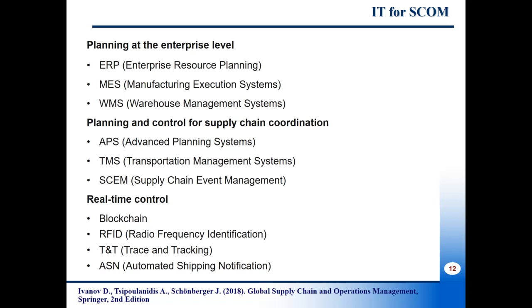And also, we have real-time control, mostly used in short-term planning in the supply chain. We know blockchain, RFID, some technology to track the delivery and position of orders at any time. And so TNT, that is track and trace, also ASN, automated shipping notification.